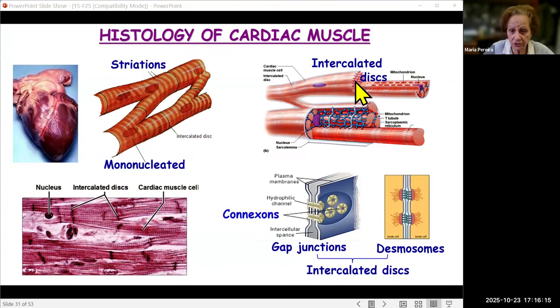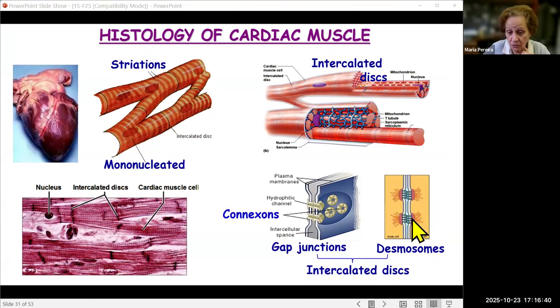The intercalated discs are the areas, the surface, where one cardiac myocyte meets another one. They have the gap junctions, which are channels made up of proteins known as connexins, with a channel, or a pore, inside. This channel allows ions, sodium and potassium, to move from one cell to another. And then there are the desmosomes.